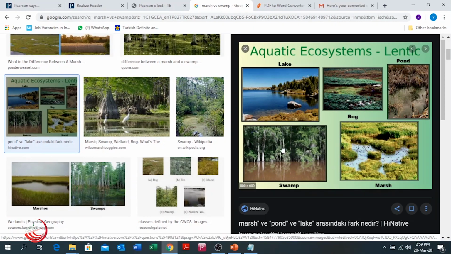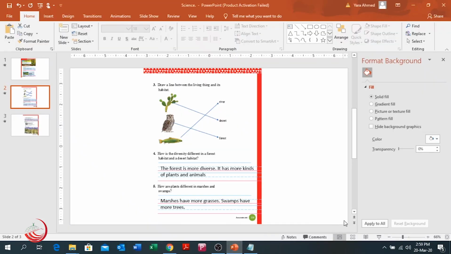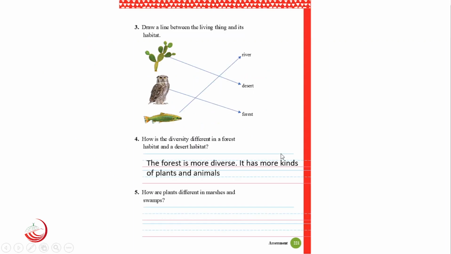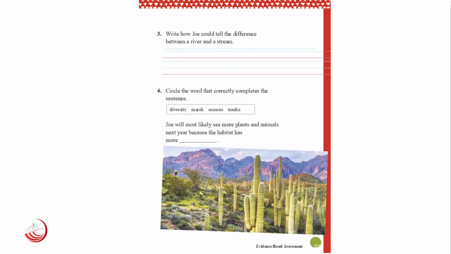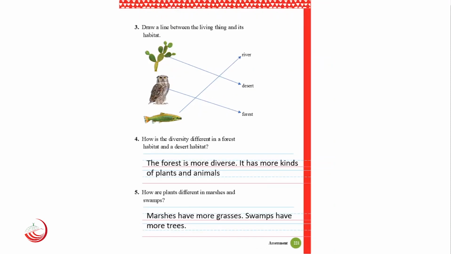So that's a swamp, and that's a marsh. Marshes have more grasses, swamps have more trees.